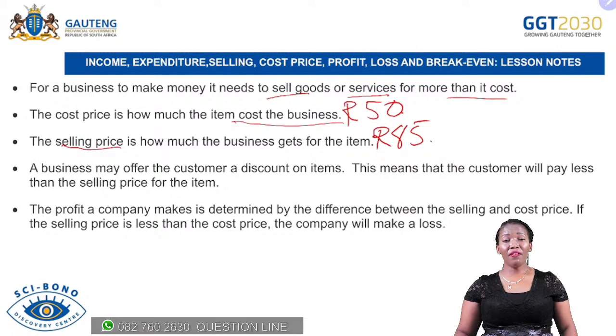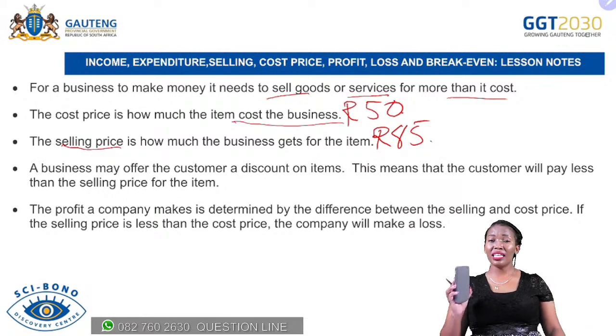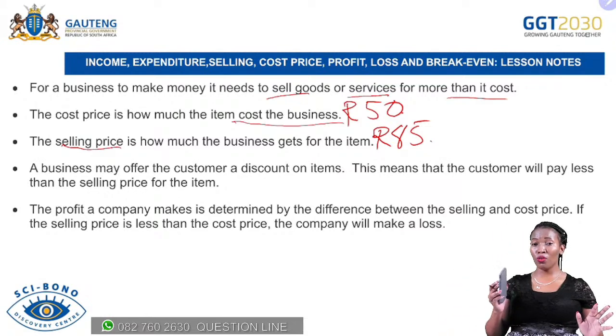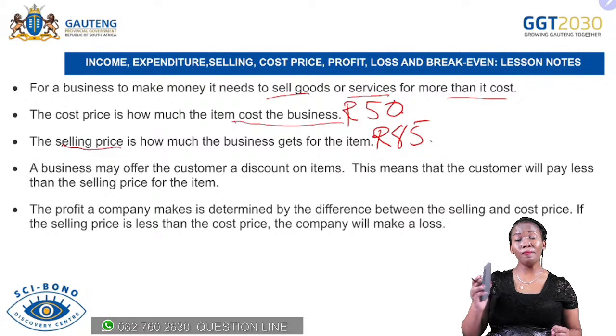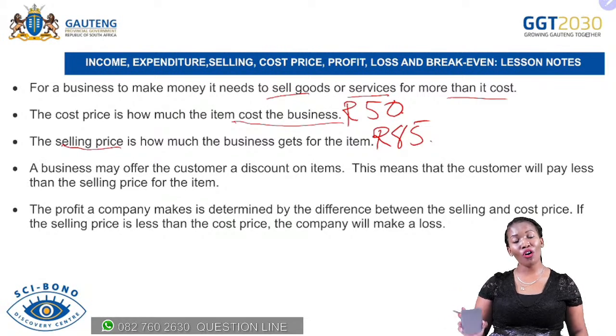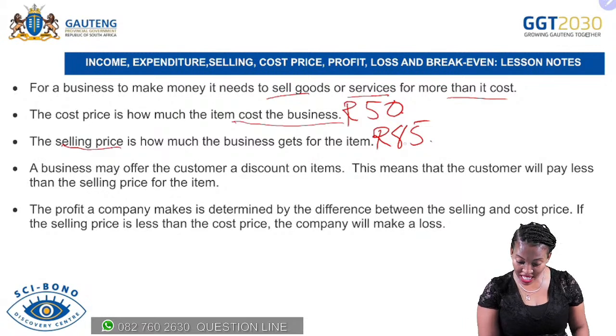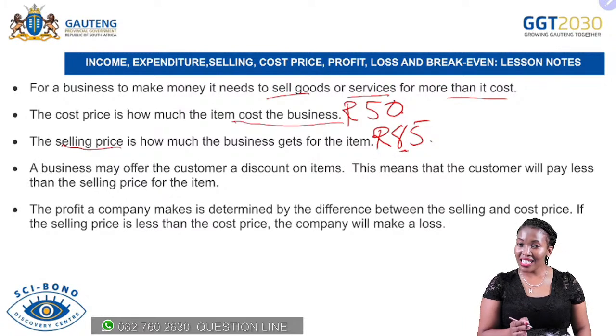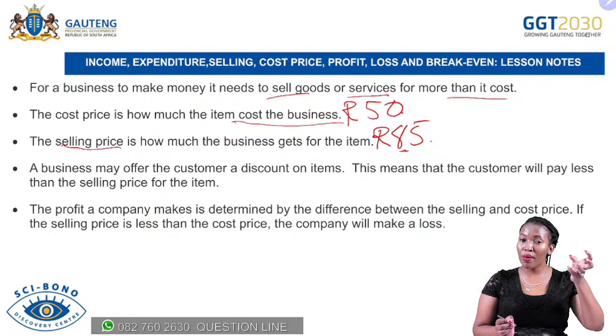Now, a business may offer a customer a discount on items. Let's say maybe I feel like my calculators are not selling that fast and I really want them to move. So I say that, okay, the first 10 people to buy the calculators, I'm going to give them a discount of 10 rands. What does it mean? It means instead of paying 85 rands, now that there's a discount, they're going to pay less.